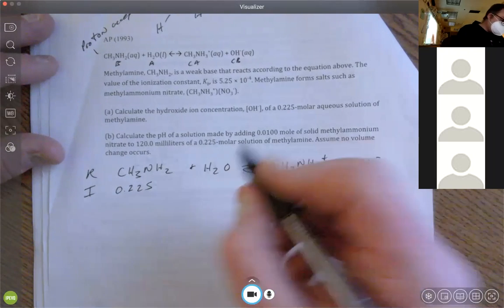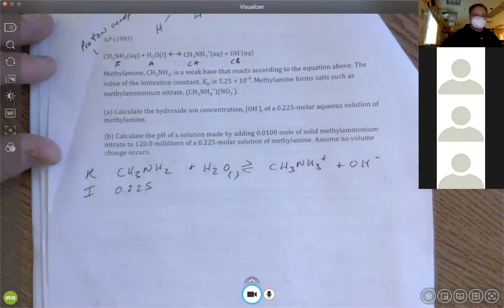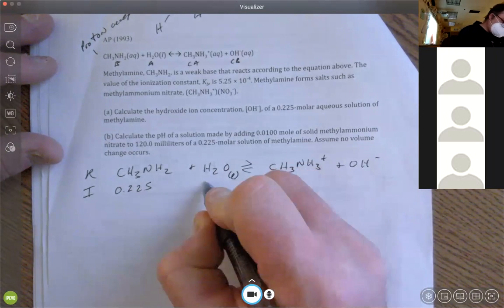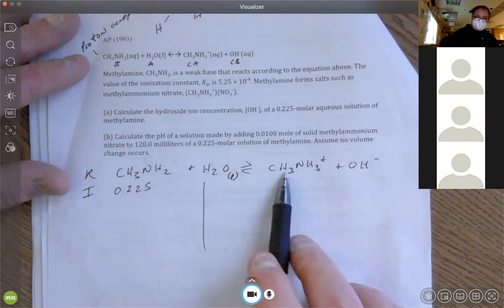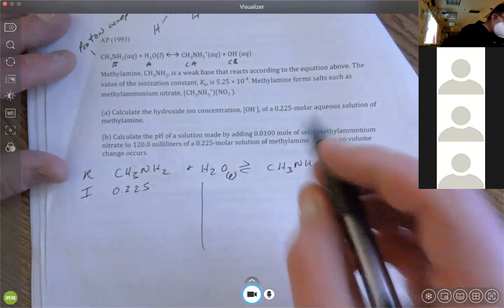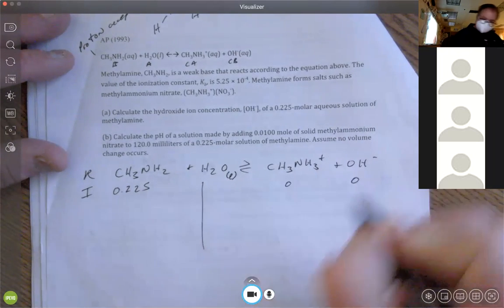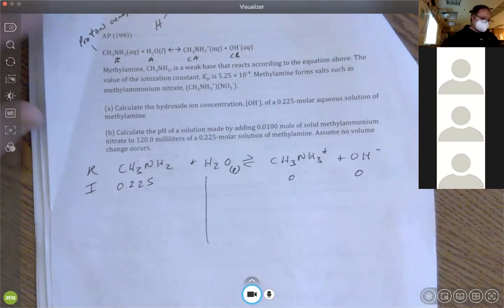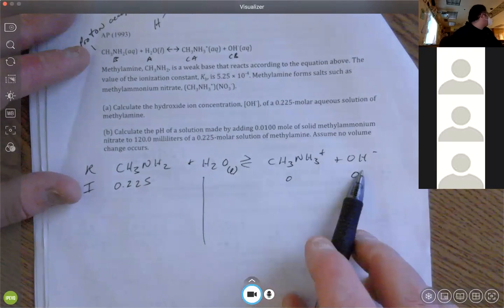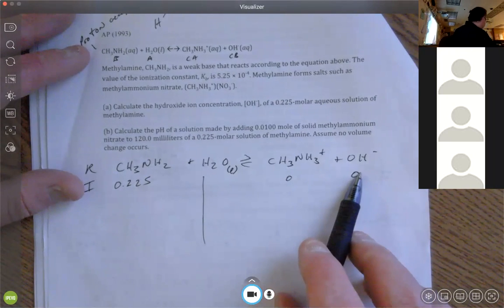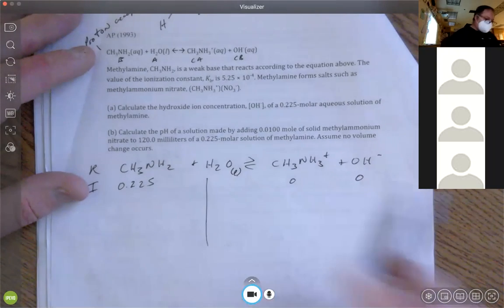Why don't we care about H2O? It's a liquid. And at the start of all of this, we have 0 of this and 0 of this. Since we have 0 of this, the equation has to go in which direction? Forward.